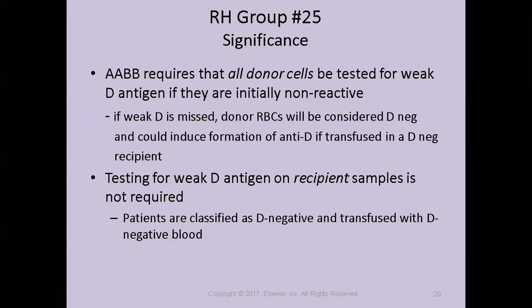We're not picking up their weak D on forward typing. So what does that mean? We're calling them RH negative. So that means they would get RH negative red cells. Not a big deal, because remember, RH negative red cells do not harm anyone. Okay, so missing it that way is not a big deal. Hopefully you see how this, however, would be really more serious the other way.